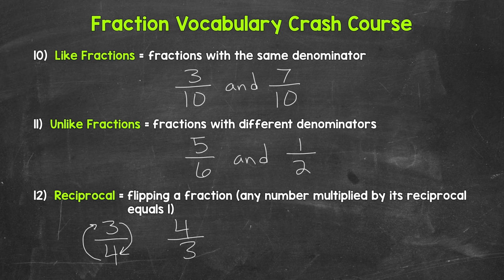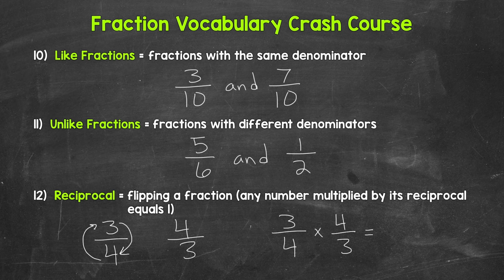Now, any number multiplied by its reciprocal equals 1. So let's do 3/4 times its reciprocal of 4/3, just to see what this looks like. Now, when we multiply fractions, we multiply straight across.